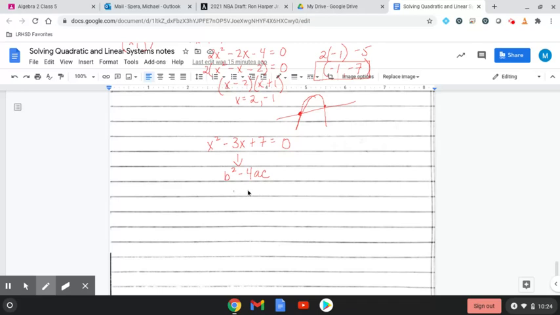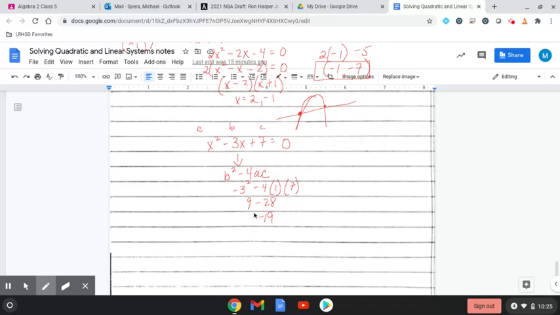And if we do this, if we plug in a, b, and c, we would get a negative 19. And the fact that we got a negative number there tells us that these lines do not intersect at a real number.